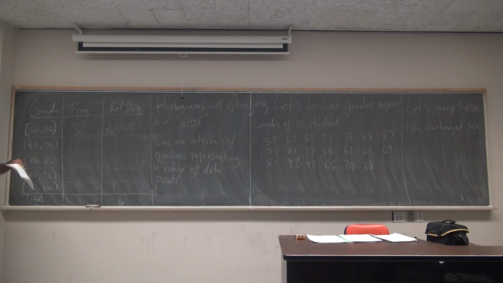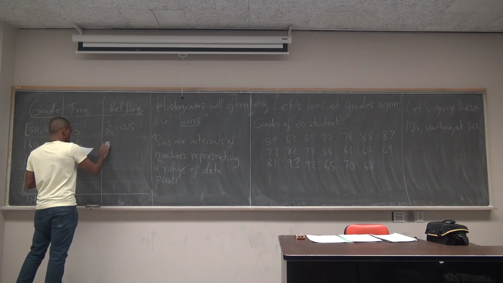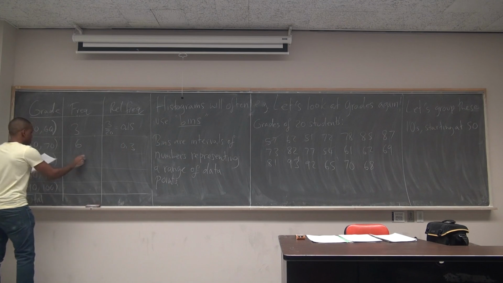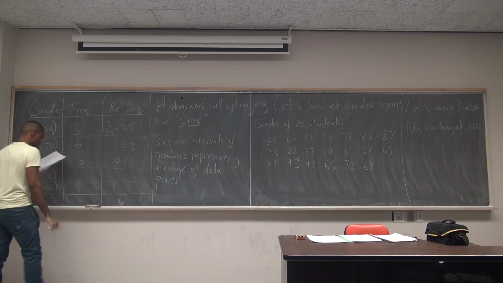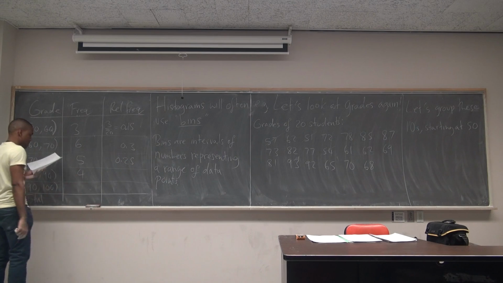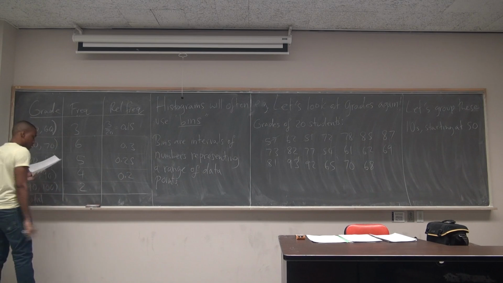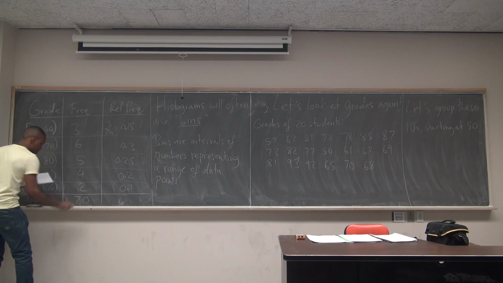The next one, I actually counted these. So it turns out there were 6 here, and this was 0.3. There were 5 here, which is 0.25. There were 4 here, which is 0.2. There were 2 here, which is 0.1, and the total was 20.